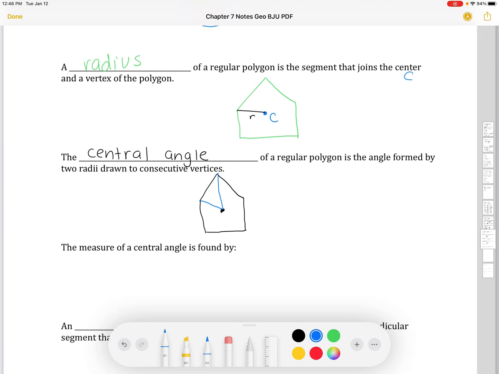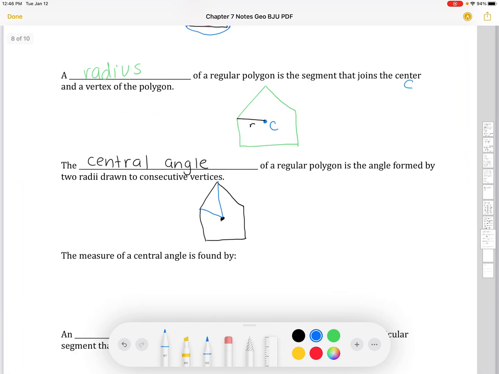They're consecutive, they're one after another, and this would be considered my central angle. The measure of any central angle is going to be found by doing 360 divided by n, where n is always our number of sides.